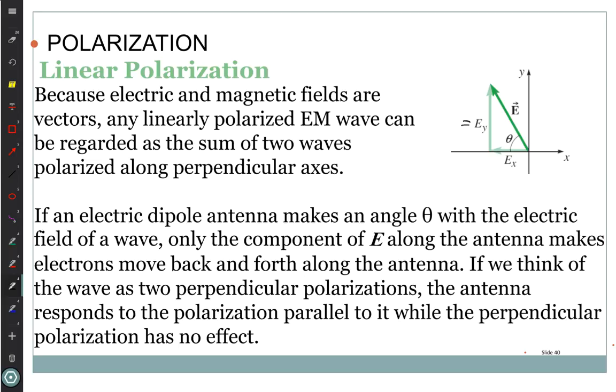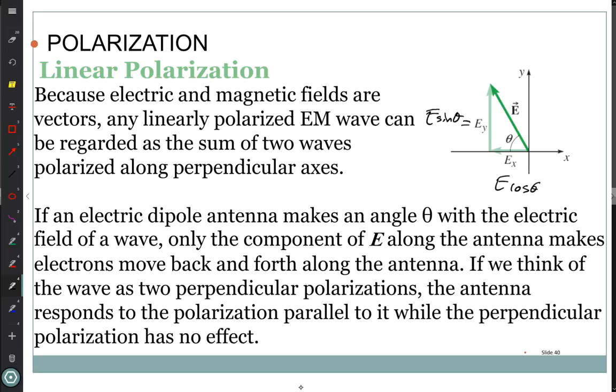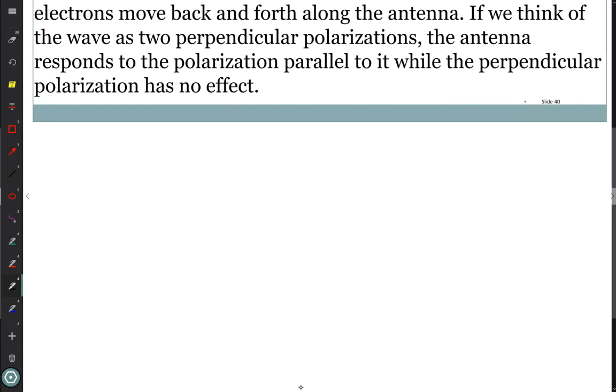It's what? Okay, so that's going to be E sine theta, and the E_x will be E cosine theta. Now for convention, we actually measure the angle from the polarization axis, so we're actually measuring the E cosine theta by convention.